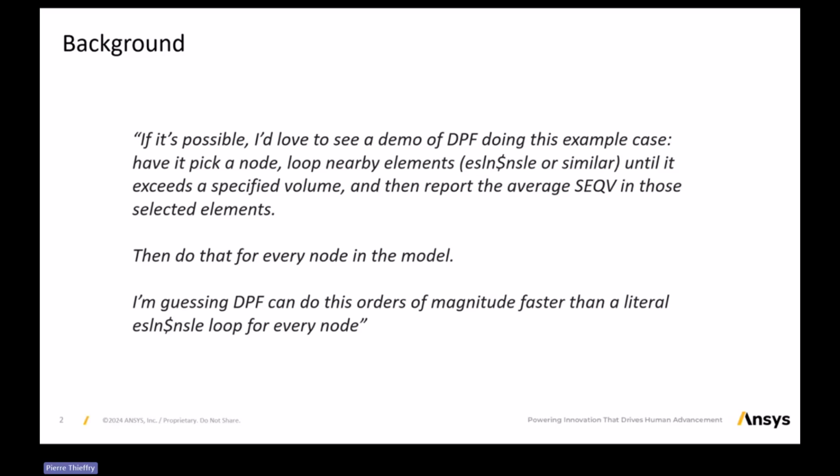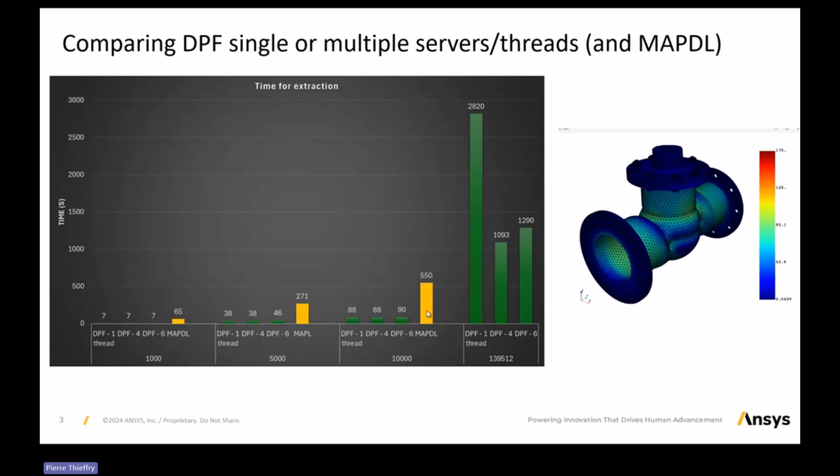And the idea was to look at not only DPF in standard sequential mode, but also DPF in a way where I would use multiple DPF servers at the same time. Because, okay, I have this information, but I really need to run node by node, and it would be so much more efficient if I could run multiple nodes at once instead of just one. So let's take a look at the performance, and I'll tell you how I did that.